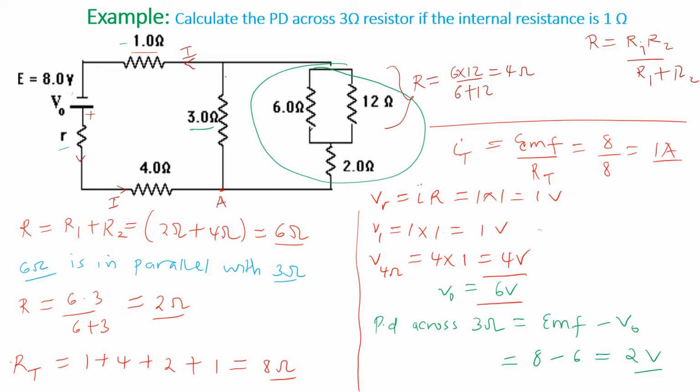So the PD across the 3 ohm resistor is 2 volts, because if you add the PD across the 1, plus the PD across the internal resistance, plus the PD across the 4, you get 6. And now the remaining PD is 2 volts. That means the 2 volts are distributed on the parallel combination, which is the 3 ohm and all the resistors in the ring.